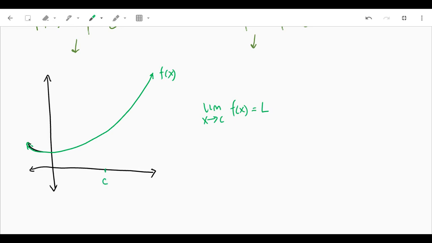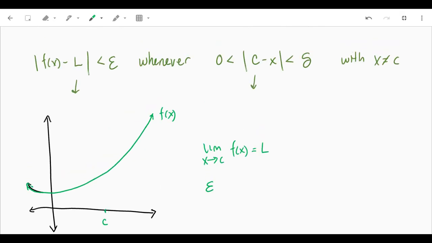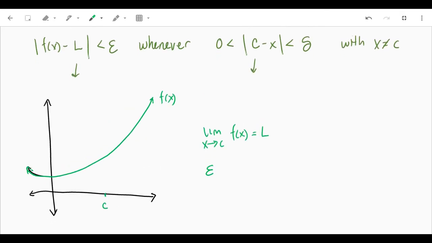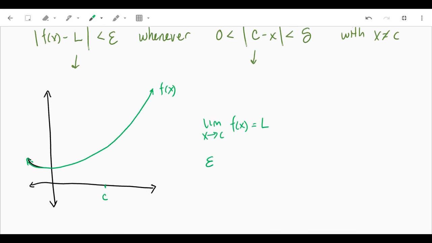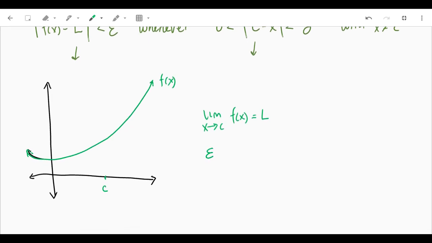Now epsilon is the value that you're given, and if you look up here, epsilon is that window around f of x. So we would have L here, and we'd want to be within L plus epsilon and L minus epsilon. It's kind of like that's your tolerance. We've got to be at least that close.